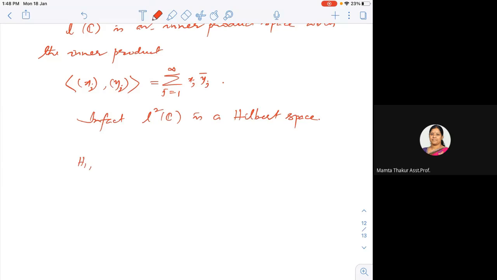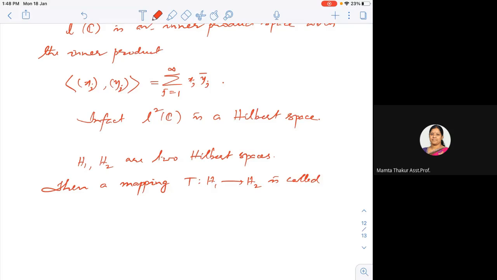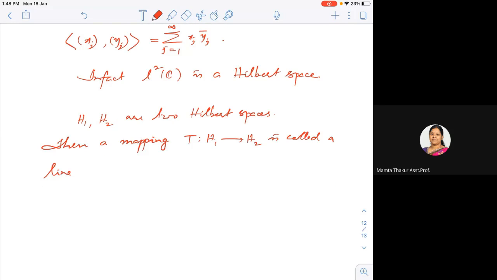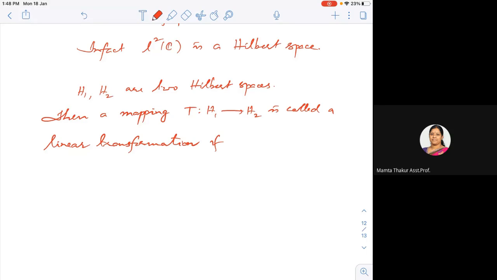If H1 comma H2 are two Hilbert spaces, then a mapping T from H1 to H2 is called a linear map or linear transformation, if the linearity conditions are fulfilled: T of u plus v is equal to Tu plus Tv, and T of alpha u is equal to alpha times Tu.